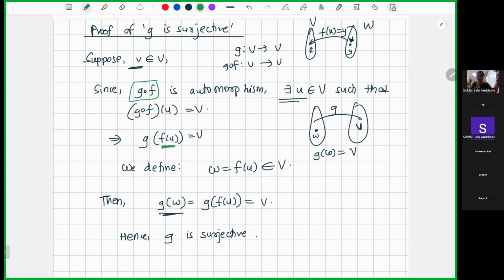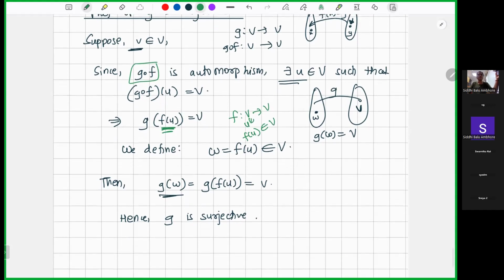But now this F of U is also in V, right? F is from V to V, and U is in V, so F of U is also in V. So now I have hold of some element in V such that G of that element is my V. That's what I define W to be.